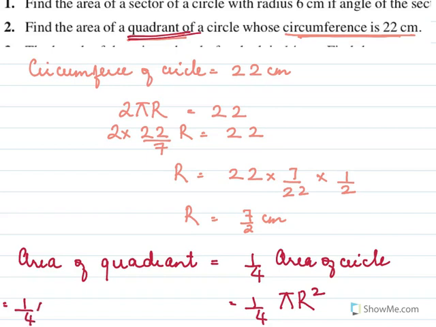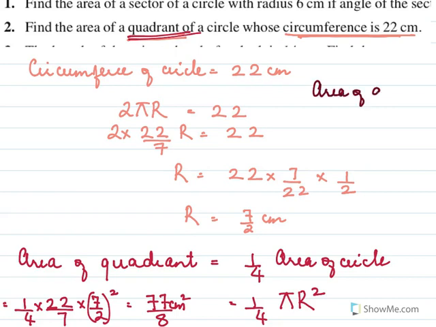So 1 by 4 times pi, 22 by 7, the r is 7 by 2 the whole square. Right, and on working this you get the answer 77 by 8 centimeter square. So you can write area of quadrant equals 77 by 8 centimeter square.